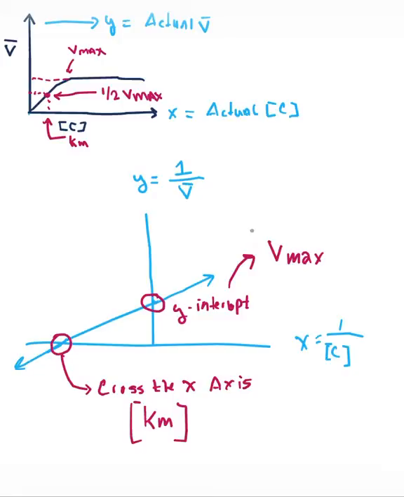Now obviously these are 1 over Km and 1 over Vmax, but they're still just another way of looking at the Vmax. All right. Now, because this is an inverse plot, this is a little weird.